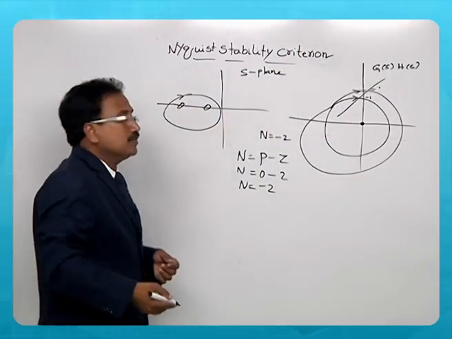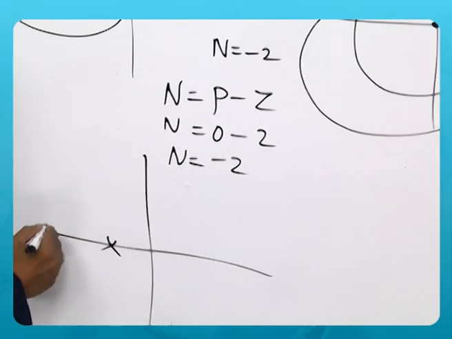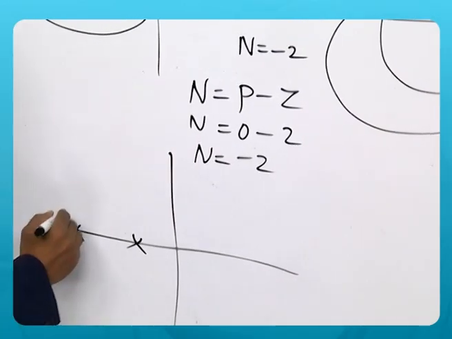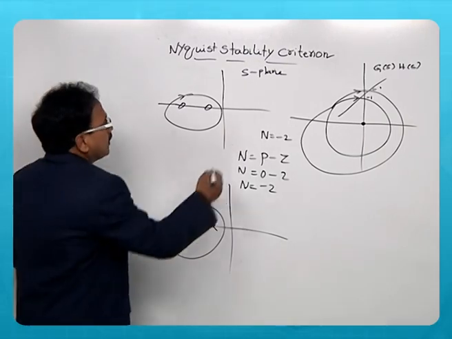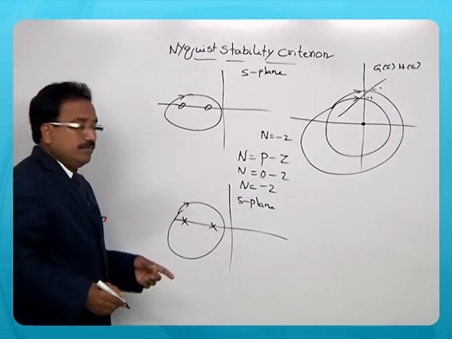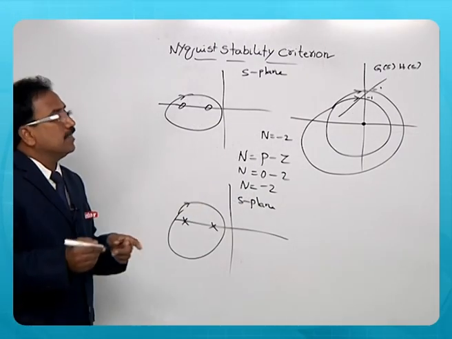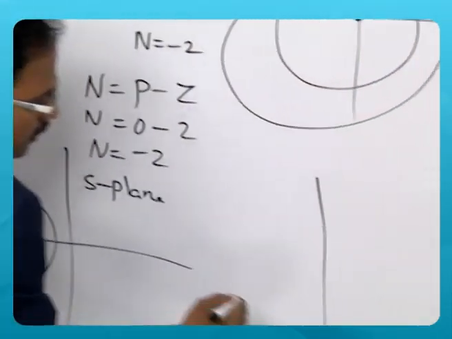Suppose there are two poles enclosed in the S-plane, then there will be a corresponding path in the G(s)H(s) plane.